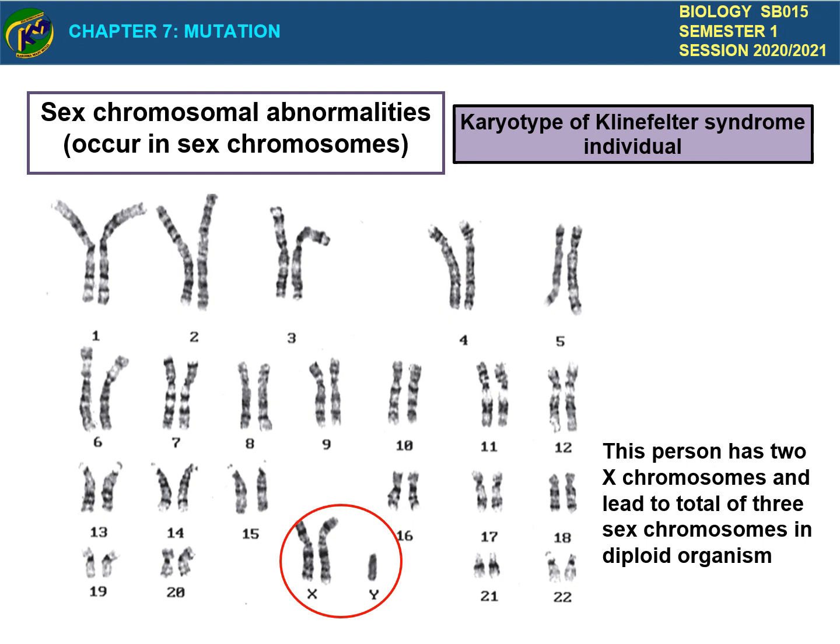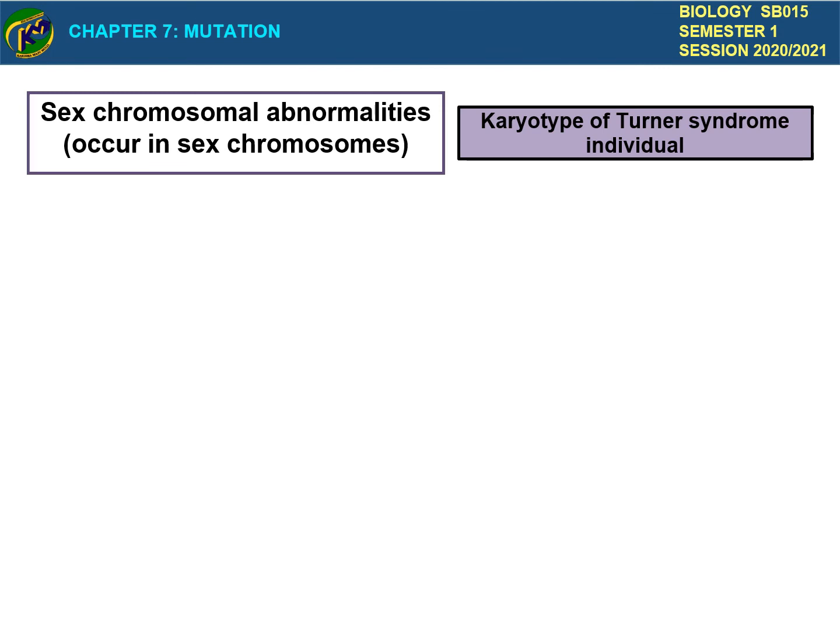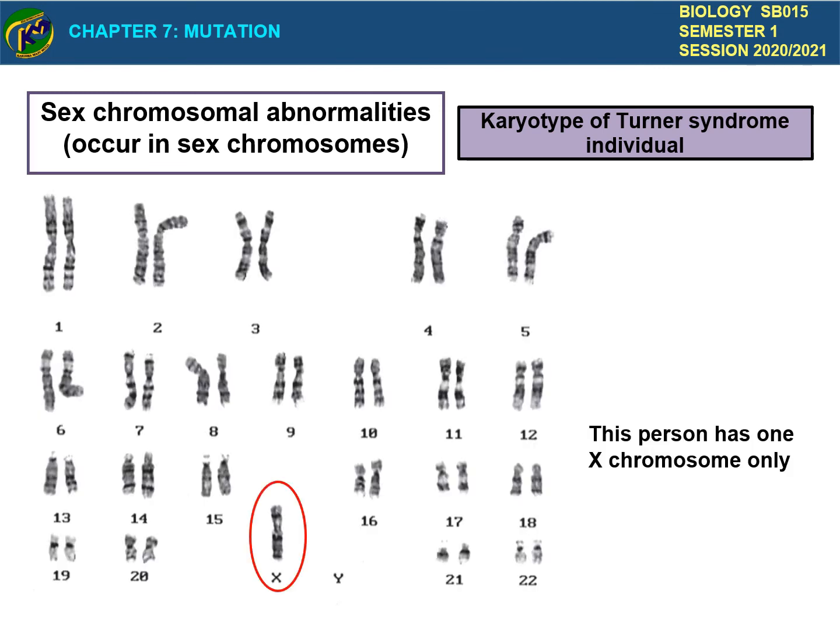Therefore, this individual has 47 chromosomes with a ploidy level 2n+1. Lastly, we look at the karyotype of Turner syndrome individual. As we can see, this person has one X chromosome only. Therefore, the number of chromosomes is 45 and the ploidy level is 2n-1.